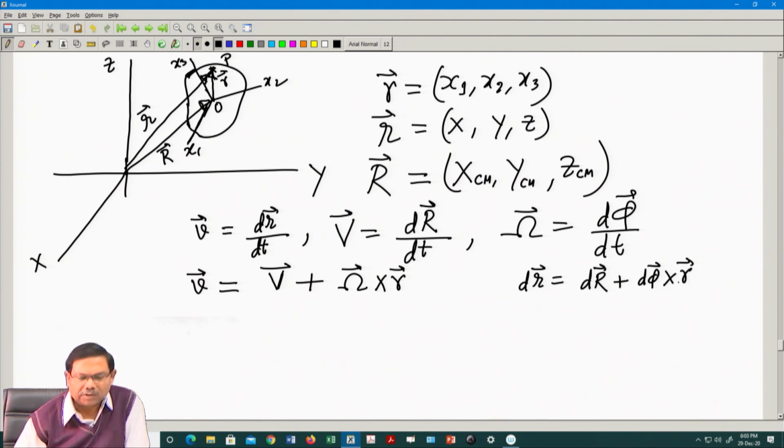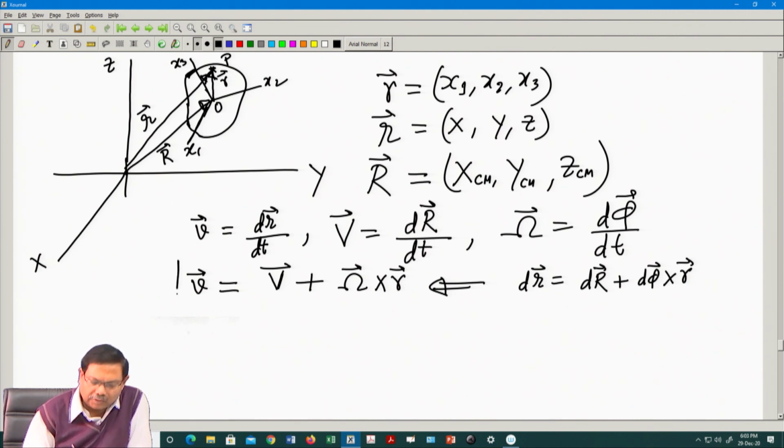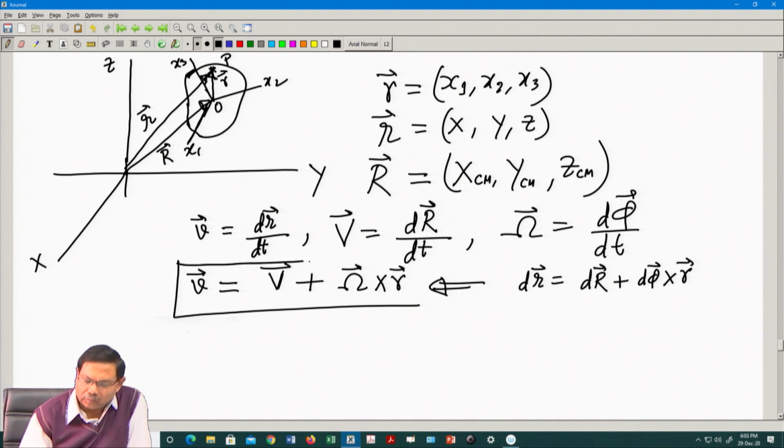This is the displacement of point P with respect to the origin O in the rigid body. If I take the time derivative, d phi by dt is omega. So, this is one equation.